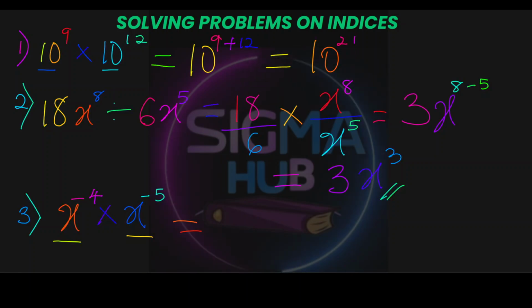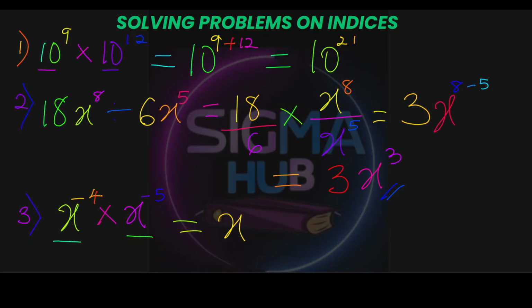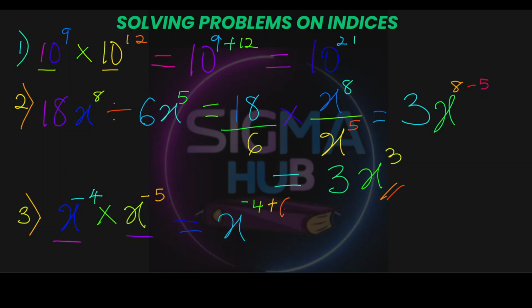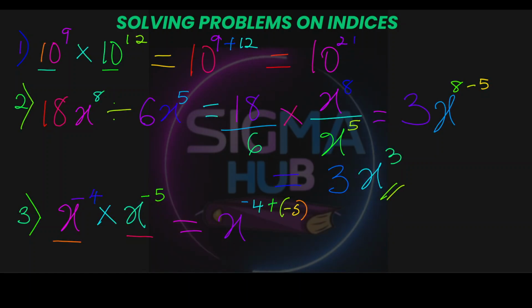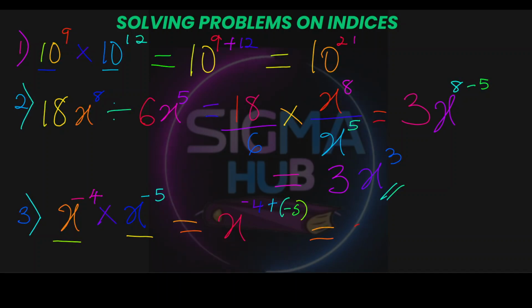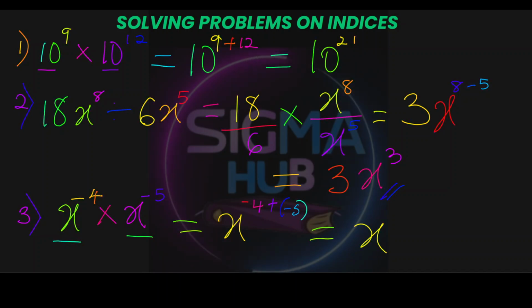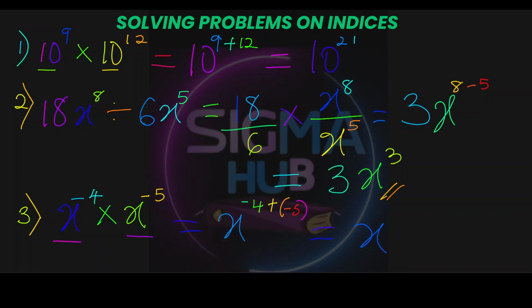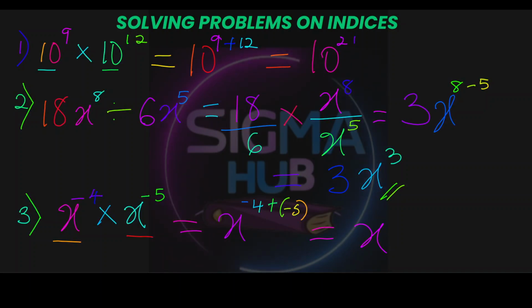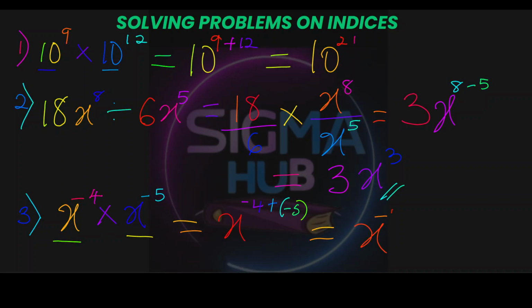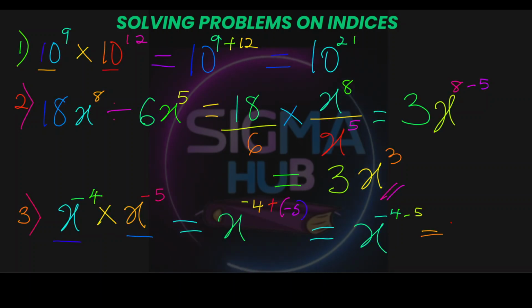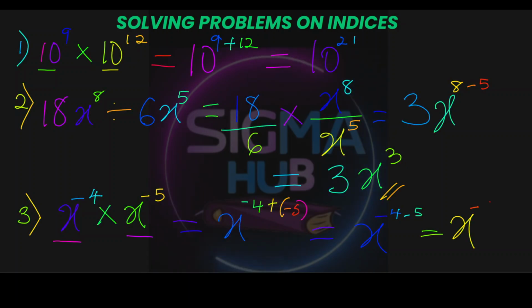So it's going to be equal to x raised to the power of minus 4 plus minus 5. And as you can see, it's going to be x raised to the power of minus 4 minus 5, because the product of plus and minus will give you minus. So minus 4 minus 5. And the final answer is x raised to the power of minus 9.